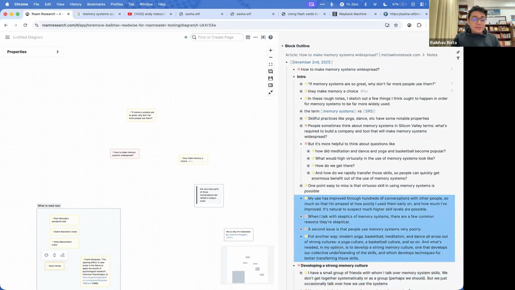I might spend some time making these notes better, adding nesting and stuff like that, or I might not, but I still would have a much better experience reading and engaging a lot more deeply with the material and learning more from it.